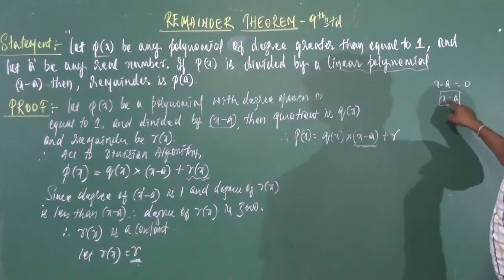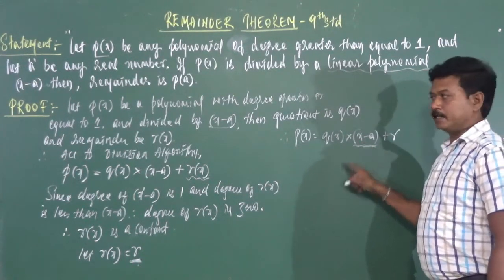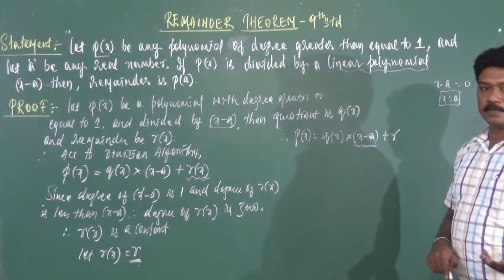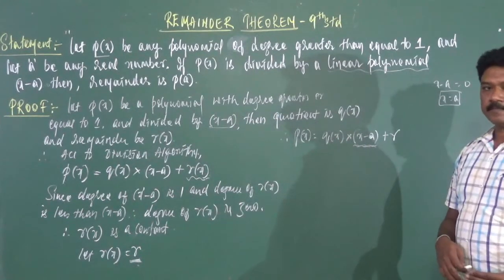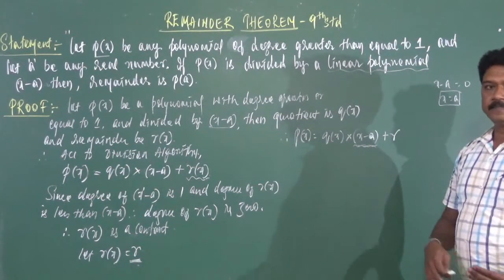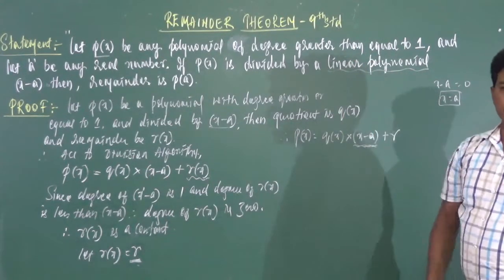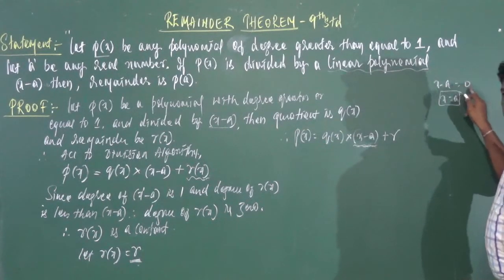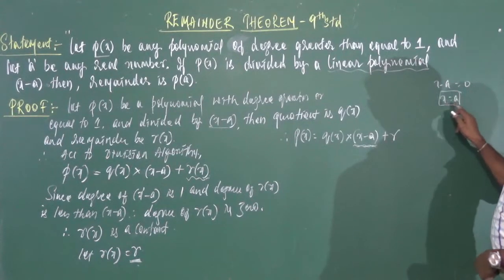So instead of x I can write a here, because if you want to find the remainder of a polynomial when divided by a linear polynomial without doing the actual division, then the zero of that linear polynomial should be substituted in p of x. So x minus a is the linear polynomial. If you want to find the zero of this linear polynomial, you have to equate it to 0. In the previous session problems you have done it. So x minus a is equal to 0 means x is equal to a.